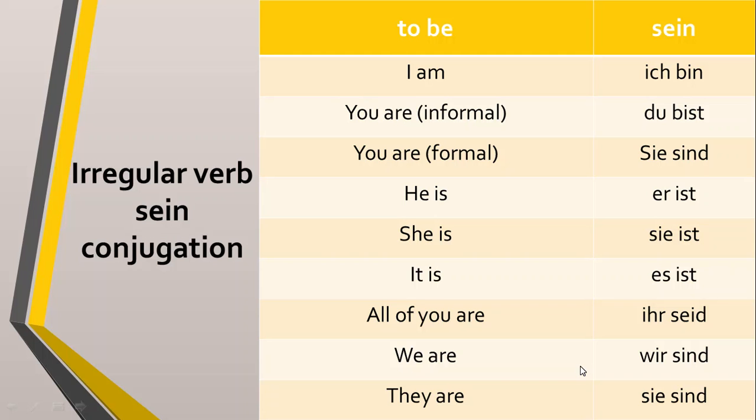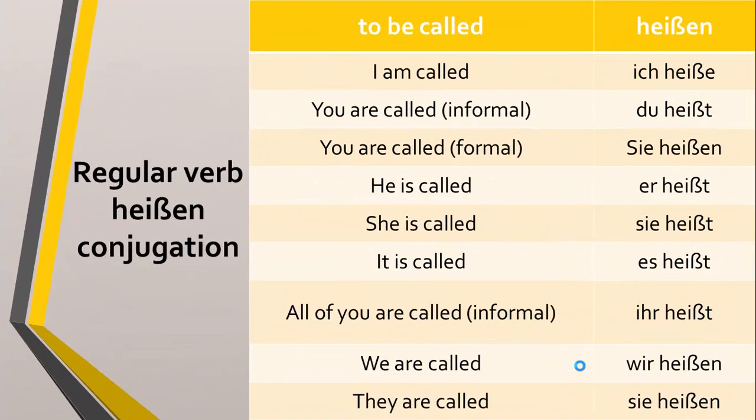Going further, let's now look at a regular verb, "heißen", which means "to be called", and to be called only in the sense of "what's your name" and not in the other sense of calling somebody on the phone.